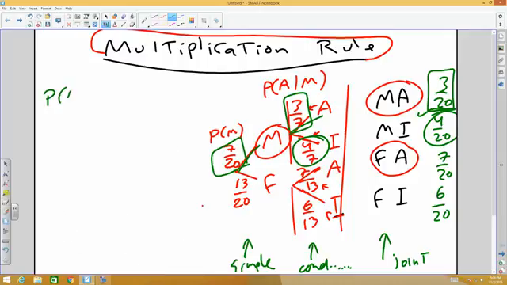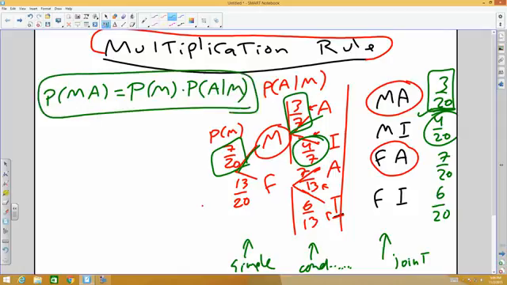I'm saying that the probability of M and A is the probability of M times the probability of A given M. The probability of the first and second together, meaning happening at the same time, because here I have both male and against at the same time, is the probability of the first times the probability of the second given the first, not just the second, because the second happened conditionally after the first.